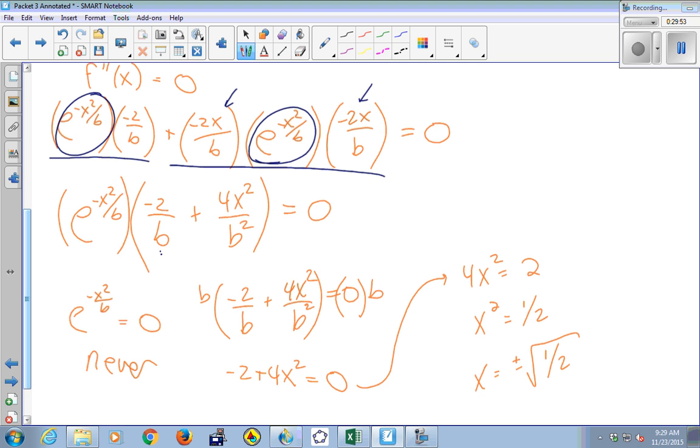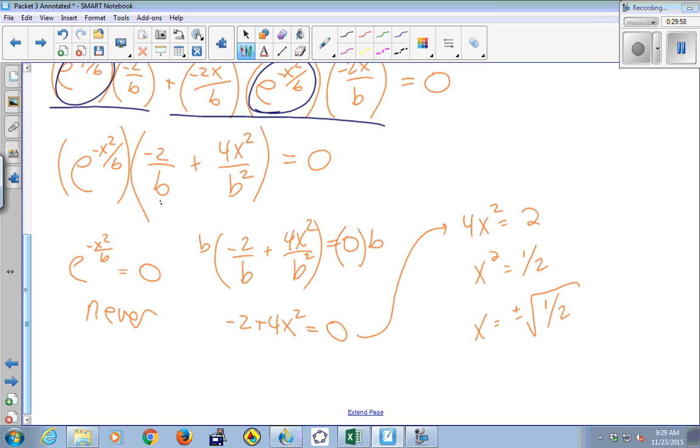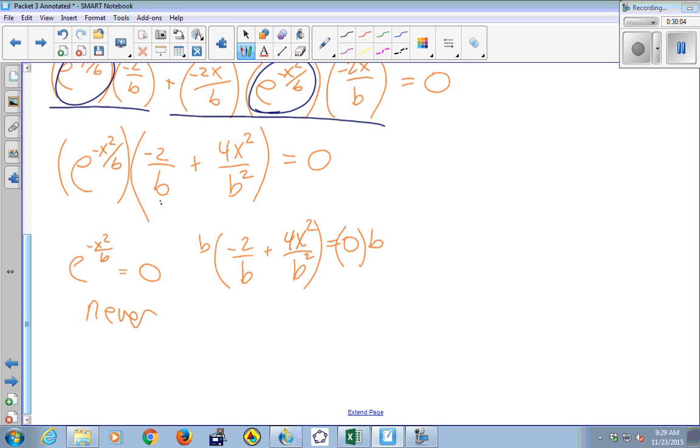Okay. All right, so I'm going to multiply both sides by b squared to get all my b's to cancel. So I have negative 2b plus 4x squared equals 0.